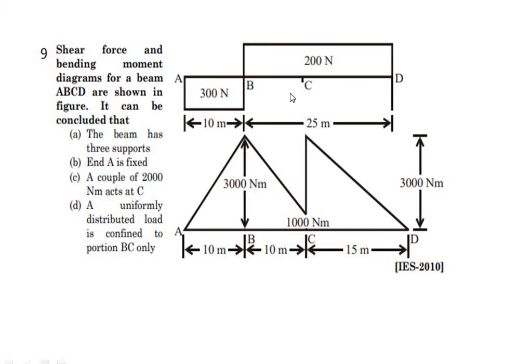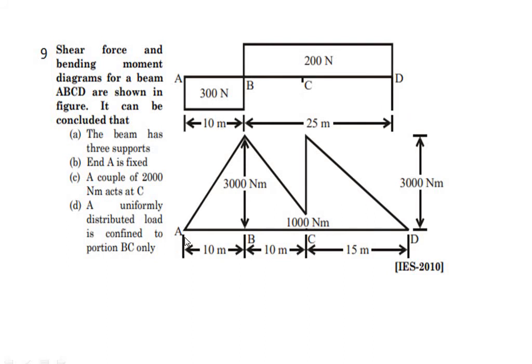So as a result there will be reaction between these 2 points. So this spike is understood, but this dip cannot be satisfied by the first option. Let me clarify it. Say if it has 3 supports, there will be a sudden change in the shear force diagram at 3 points, A, B and D. Okay, it seems to be okay.